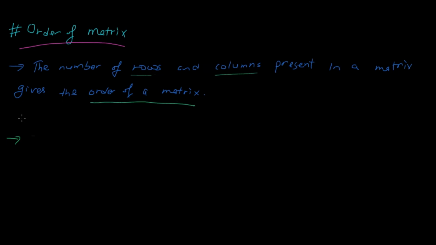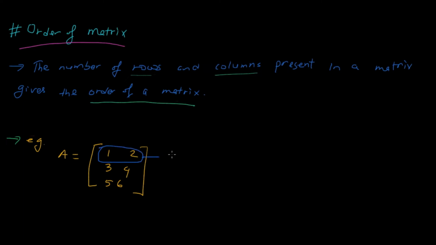Now let's say an example. The matrix is A: 1 2 3 4 5 6. So how many rows and how many columns are there? You can easily identify the number of rows and columns because we have already discussed it.